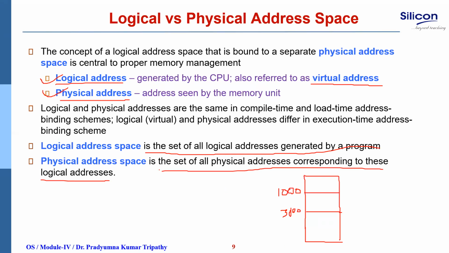1000 to 3000. So what is the logical address over here? The range is 2000. 1000 to 3000 means it is 2000. So addresses can be generated from 0 to 1999.